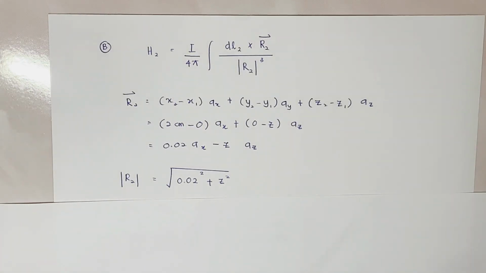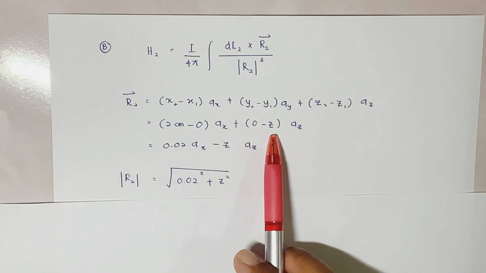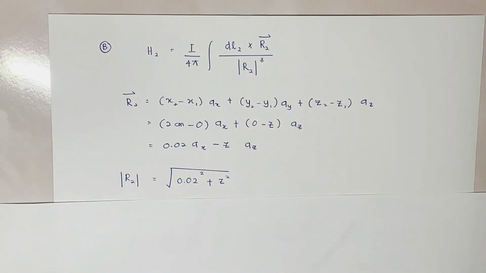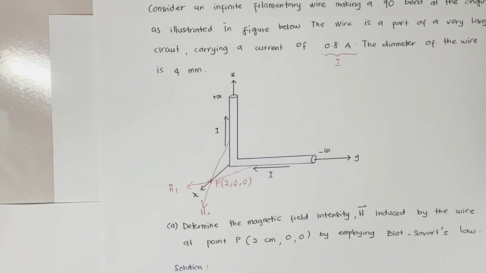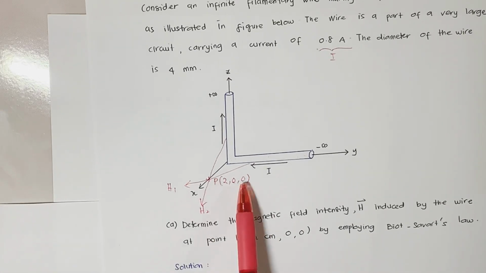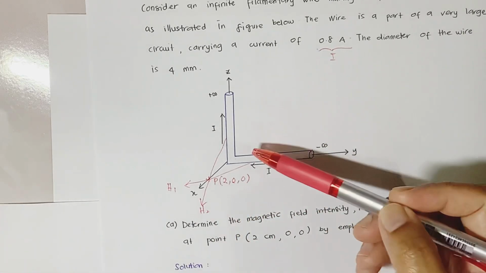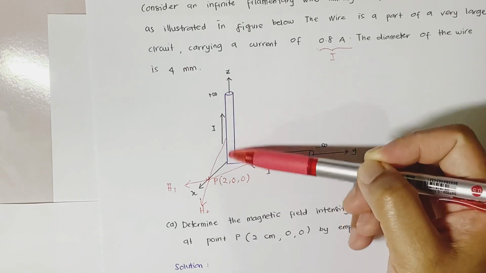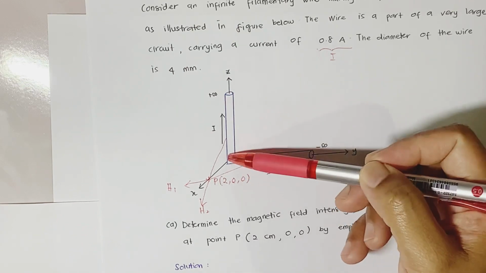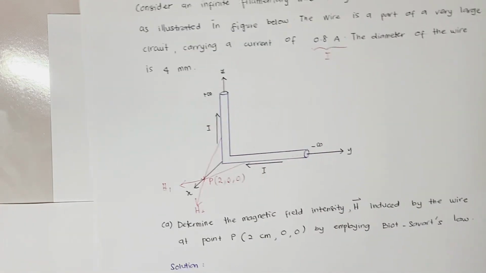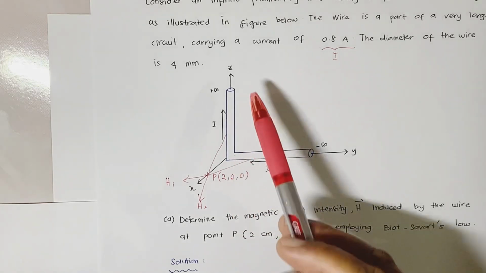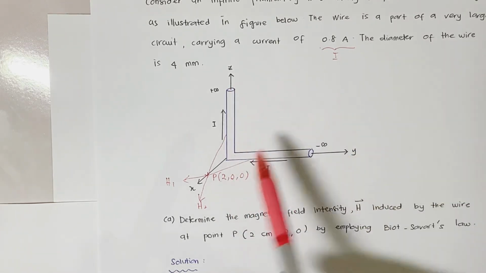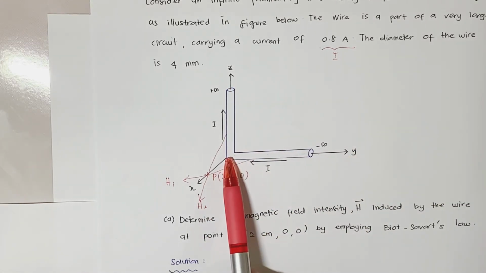Then plus 0 minus z, az, because P is at 0 and z is along the wire. And for y, this part of the cable is at y equal to 0.